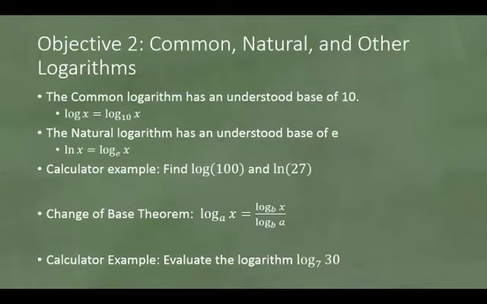Common, natural, and other logarithms. The common logarithm has an understood base of 10. In other words, log base 10 of x is just called log of x. We don't need to put the 10 down. If we just say log, we understand it's base 10. The natural logarithm has an understood base of e, and we say that's ln of x.